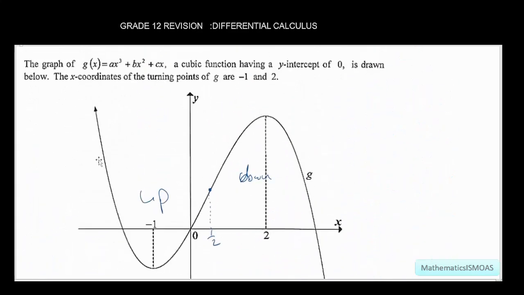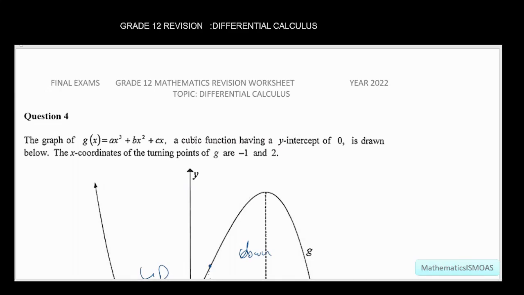Here is g, meaning determine the values of the parameters a, b, and c. I'm sure you understand why we are not having d. We were told that the y-intercept is 0. Therefore, our d is equal to 0.